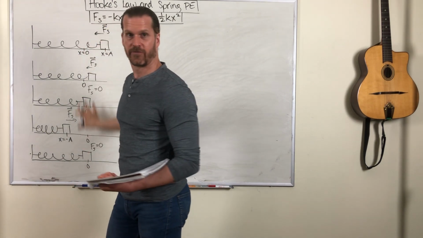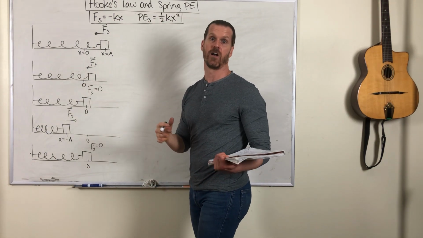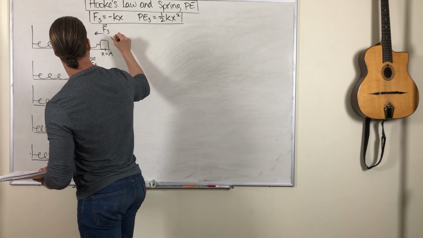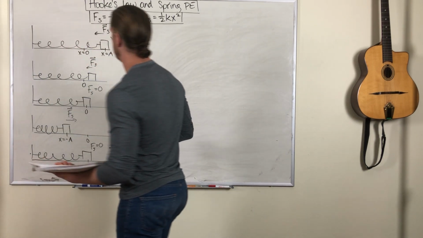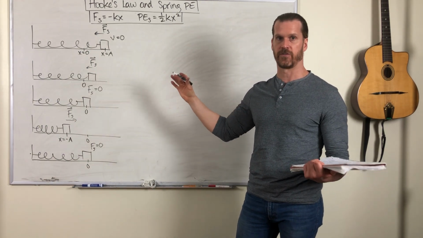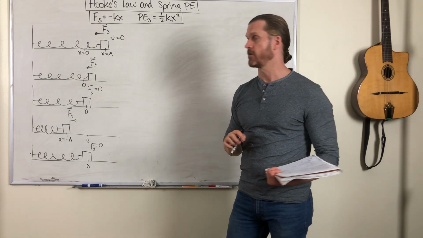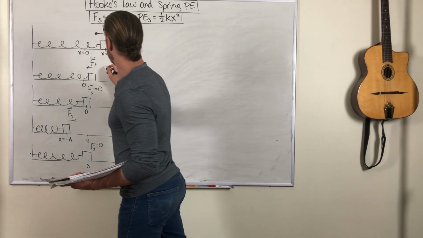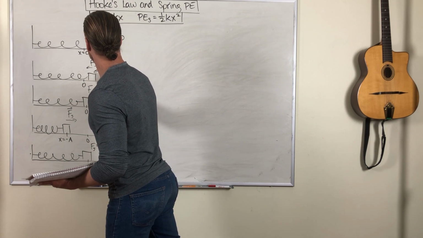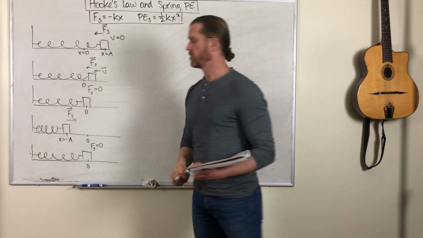Now, we've looked at the forces for each of these pictures. Let's think about the speed or the velocity for each picture. Initially, that velocity is 0. At the ends, at those extreme points, the block is stationary. Now we let it go, and we've got a velocity vector pointing to the left.